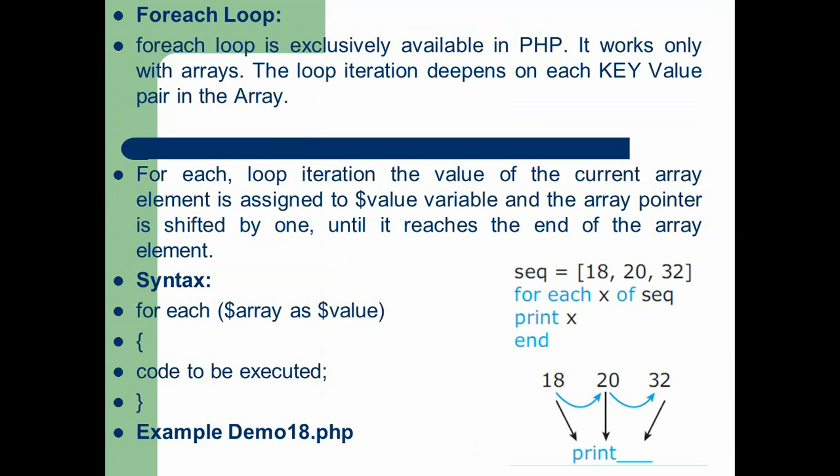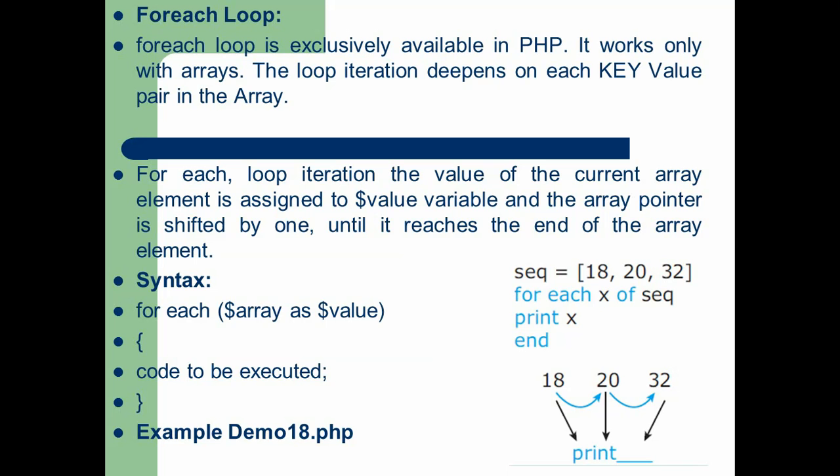Of course, I already told you we must mention the initial value, condition, and increment value for every for loop structure. But here you can see a different loop called the foreach loop. It is exclusively available in PHP. It works only with arrays. The loop iteration depends on the key value pairs in the array.